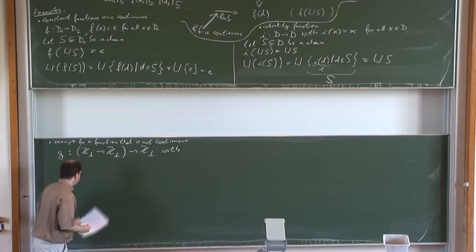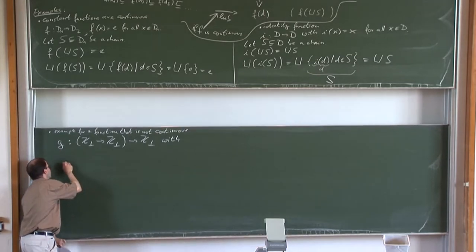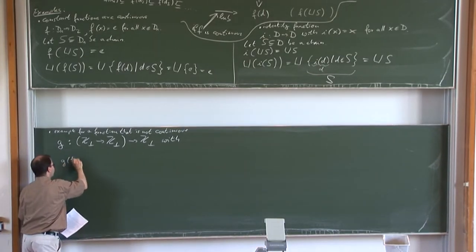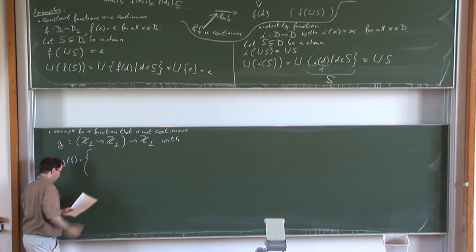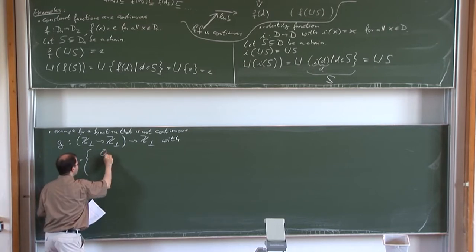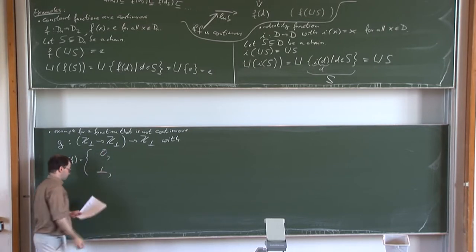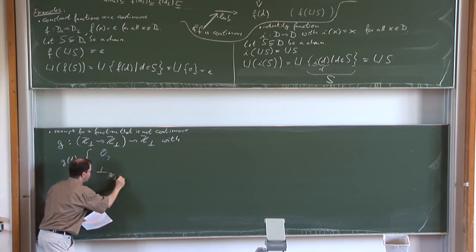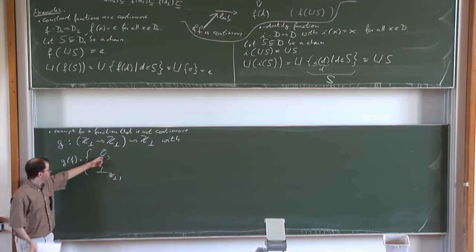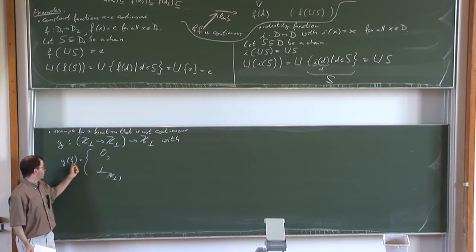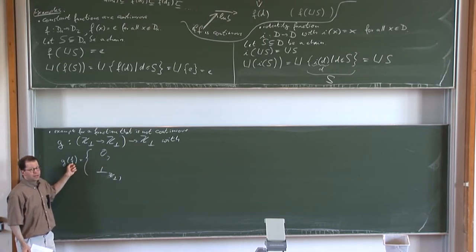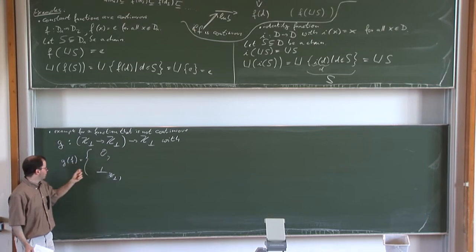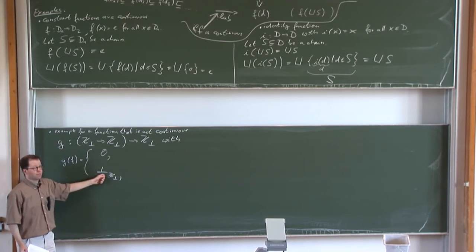And it should be defined like this. So g takes some function f as input, and it either returns 0 or bottom. So this is the bottom element of Z bottom. Now, what it does is it checks whether this function f is total. If f is total, it returns 0. If f is not total, it returns bottom.